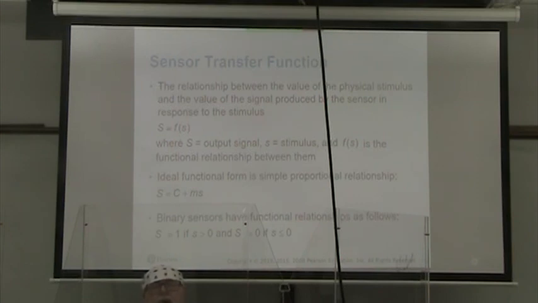So, our sensor transfer function, the mathematical relationship between the value of our stimulus and the value of the signal produced by the sensor, we're saying is uppercase S equals the function of lowercase s, where uppercase S is the output signal, lowercase s is the stimulus, and f of s is the functional relationship between them.